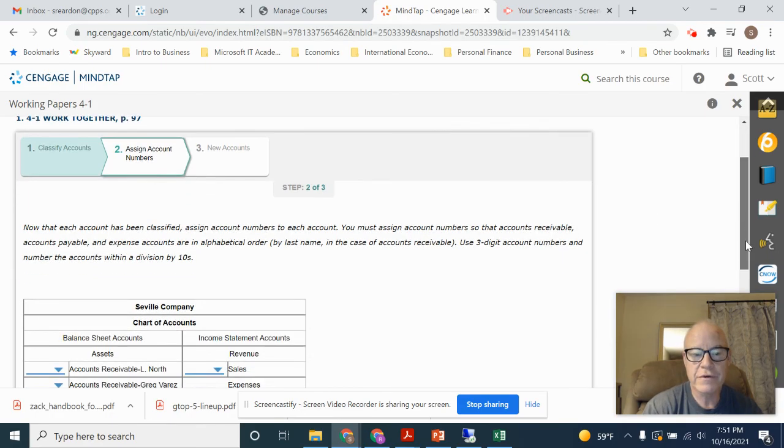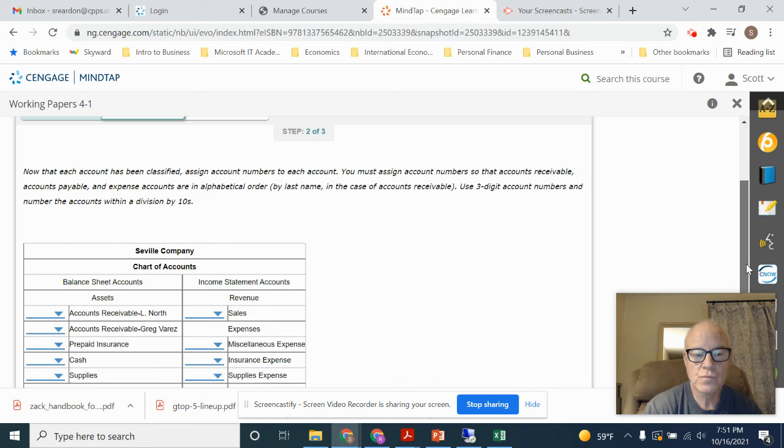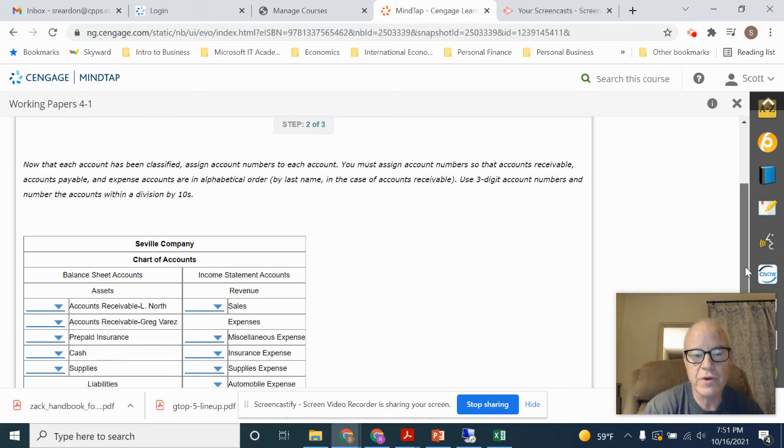Assign account numbers. Let's see here. Now that each account has been classified, assign account numbers to each account.